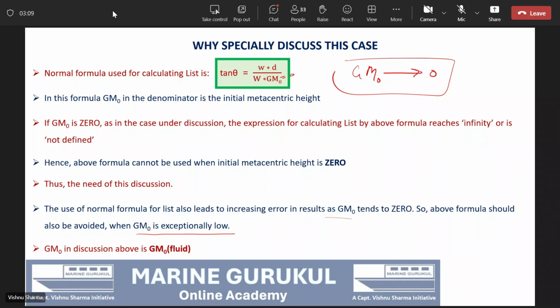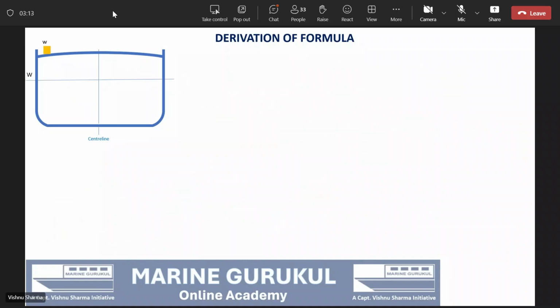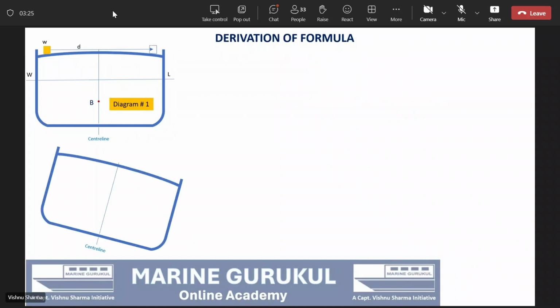I've already said so. Guys, here is the ship which is in the upright condition with W here. Now, if you shift this W to this side, it will cause the vessel to list. And the ship has GM0. Now, she has reached this equilibrium because the righting moment and the listing moment here have become equal.